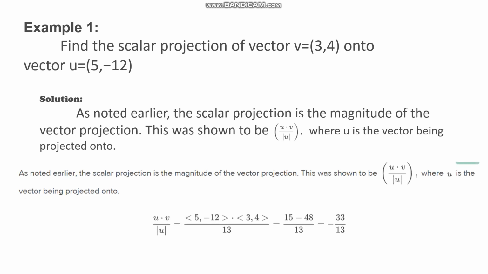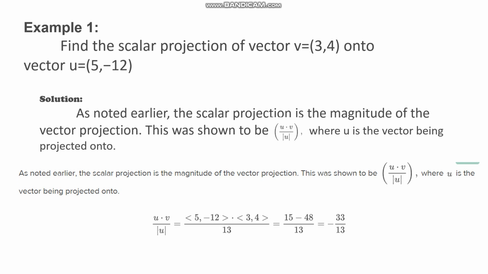So, we have the formula which is U dot V over the magnitude of U. Is it not squared for scalar projection?